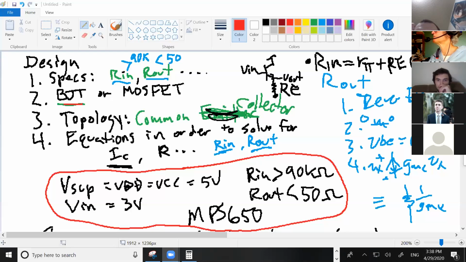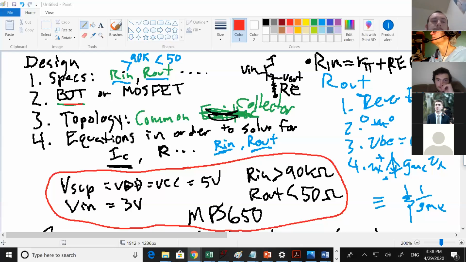The way you can check that is the base has to equal the collector because the emitters are shared between the two. So you just check the collector and the base and see if they're the same. Is that good? All right, then you got down to that. Yes, it looks good. So you have an equation for R out now.